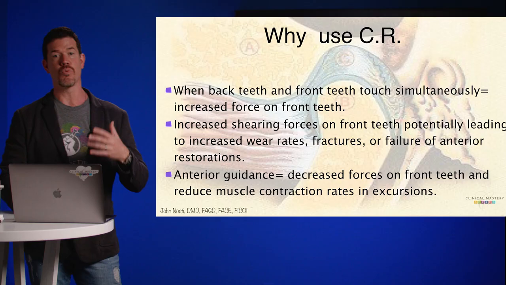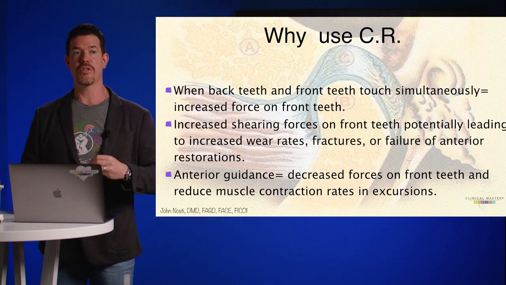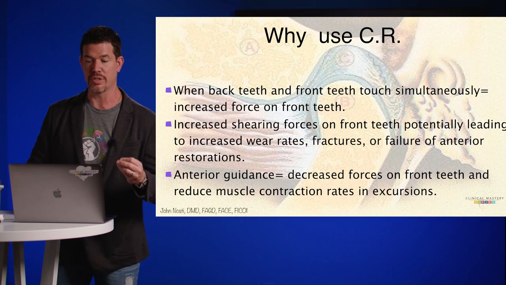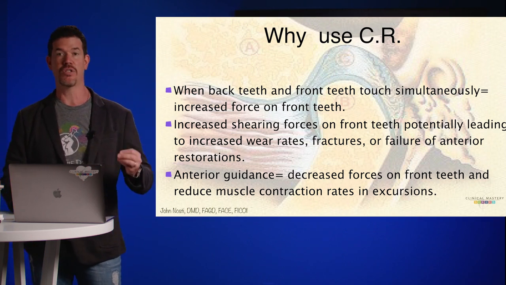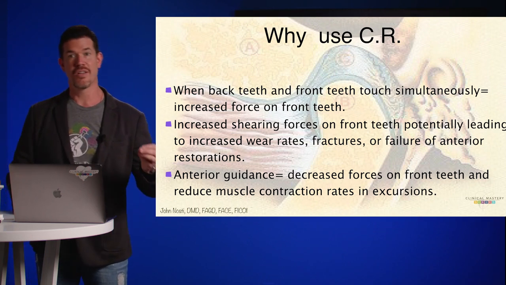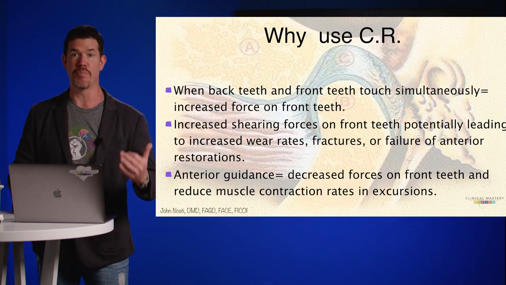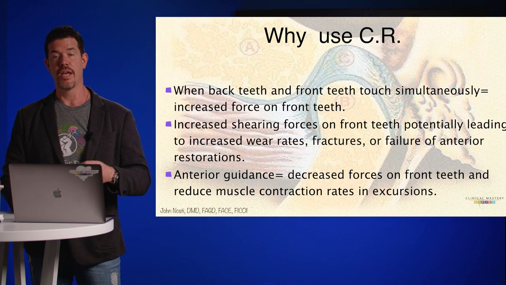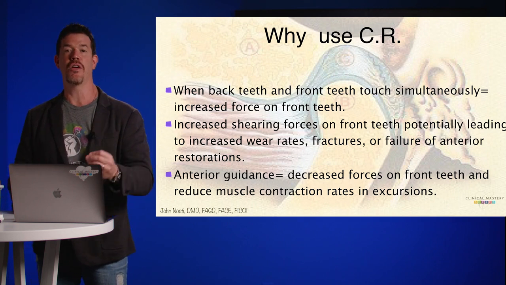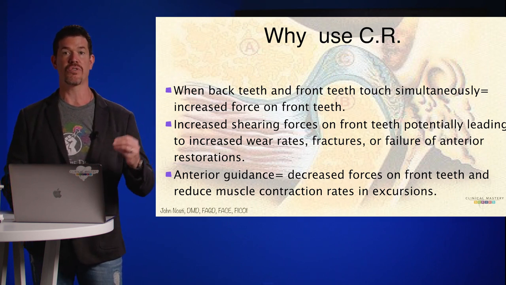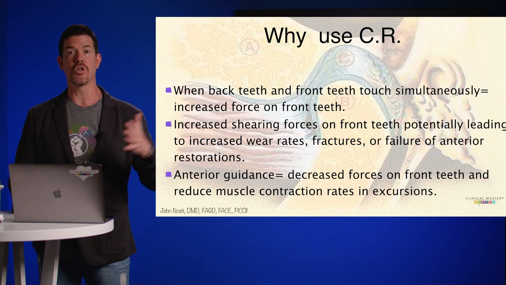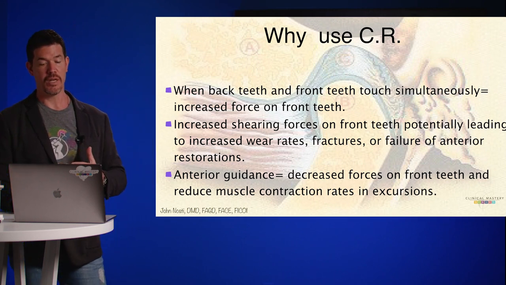It's going to allow you to wear your front tooth. It's going to increase the shearing forces on your front tooth, potentially creating wear rates, fractures, if there's porcelain present on the front teeth, if there's bondings present on the front teeth. It can cause any type of failure of an anterior restoration when that person goes into that excursive movement.